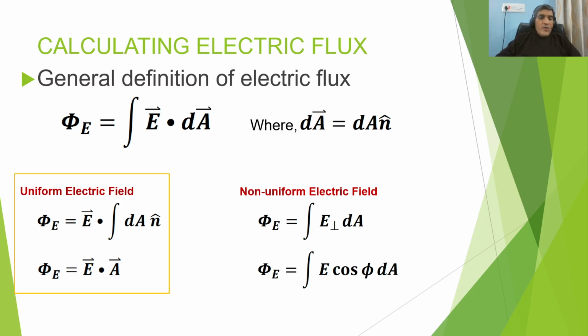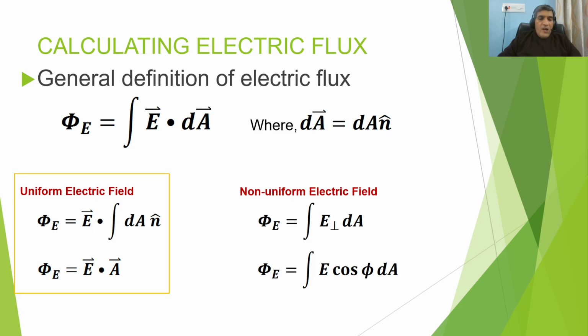So for a uniform electric field, meaning the electric field is constant, the formula on the left-hand side takes the form Φ_E equal to E dot the integral of dA times unit vector n. As we remove the vector, the unit vector comes in, and E comes outside the integration, because uniform electric field means E is constant, and the term which is constant we have to move outside the integration.